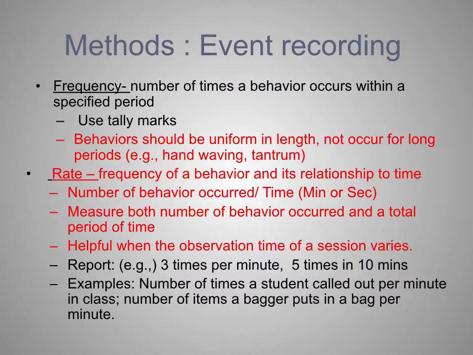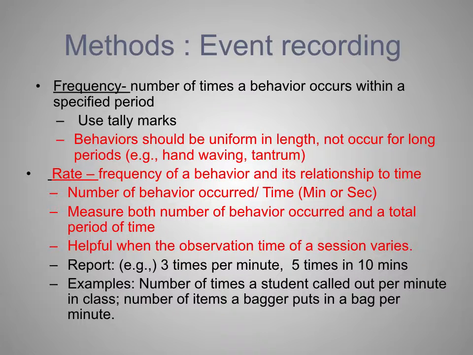To use frequency, the observation time in each session should be identical, so you will use a tally mark to count the behavior within the specified time. Frequency is good when a target behavior has a clear beginning and end, and the target behavior is uniform in length, like hitting. So you can use frequency when your target behavior is easily counted.